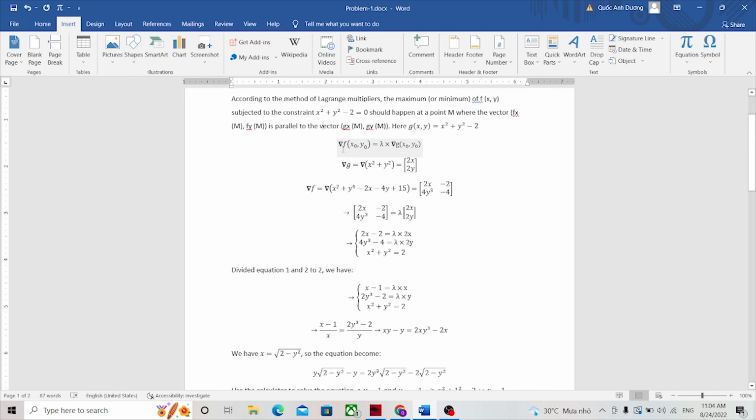So first we will have the formula of the Lagrange multiplier. The gradient vector of f at (x0, y0) will equal lambda multiplied by the gradient vector of g at (x0, y0). The gradient vector of g will equal the matrix (2x, 2y), and the gradient vector of f will equal the matrix (2x minus 2, 4y cubed minus 4).